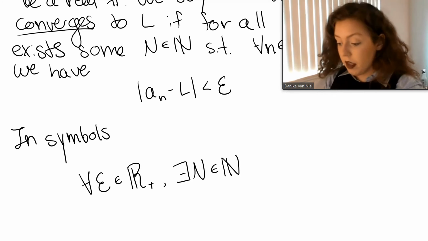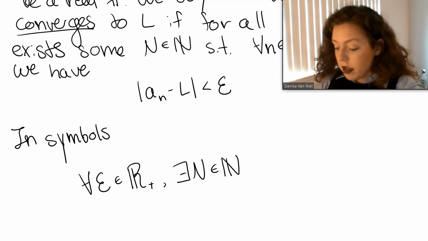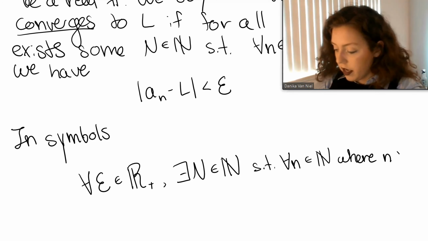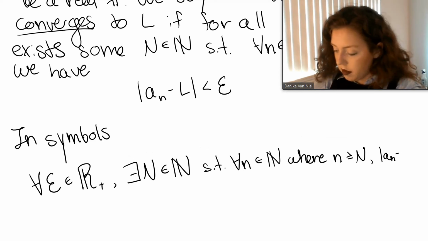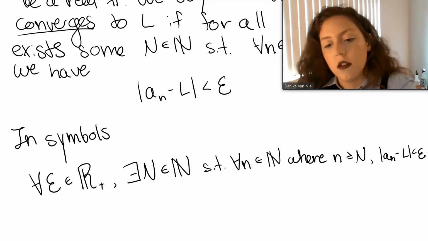Okay, but this is what we have. There exists an N such that for all little n in the naturals, where little n is bigger than or equal to capital N, a_n minus L is less than epsilon.